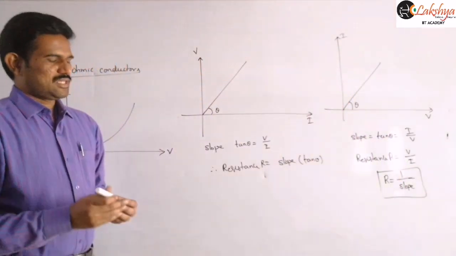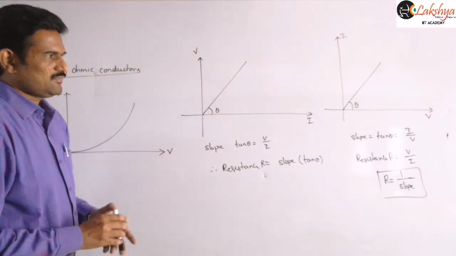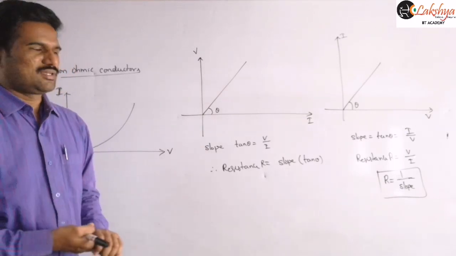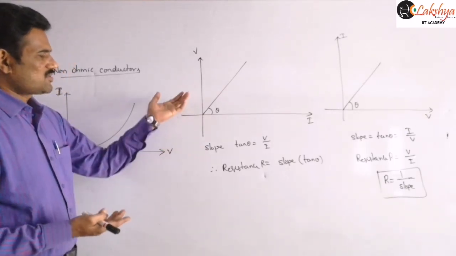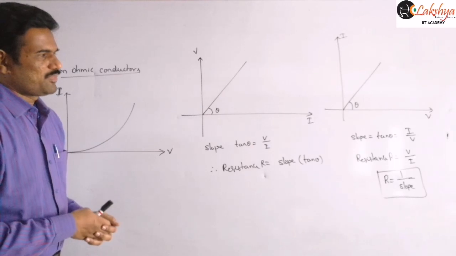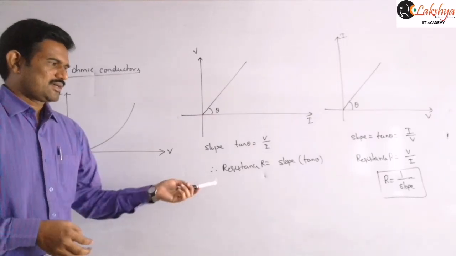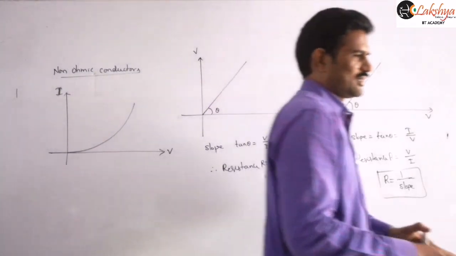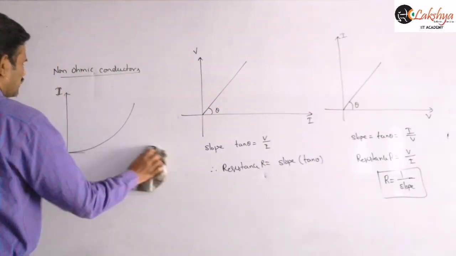That means if I is on the y axis, then the reciprocal of the slope represents the resistance, and if I is taken on the x axis, then the slope directly represents the resistance of this conductor.